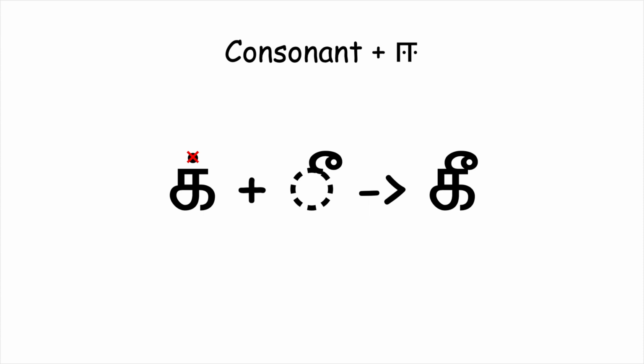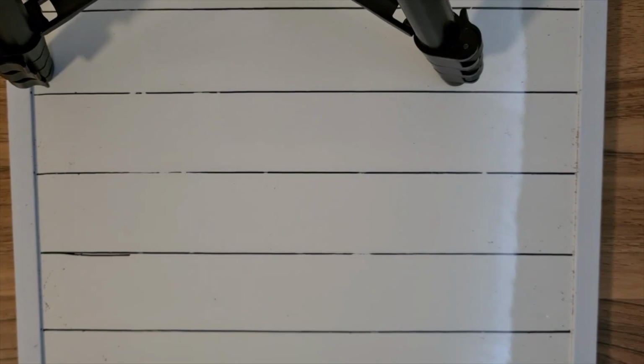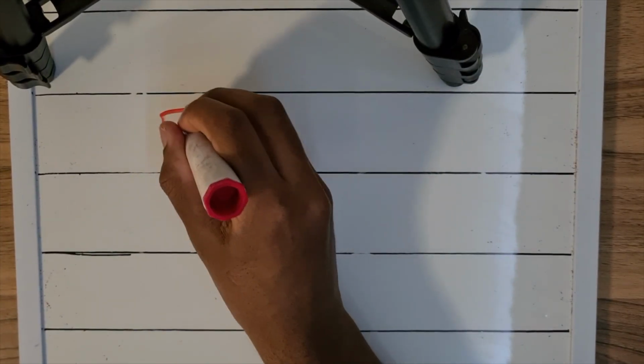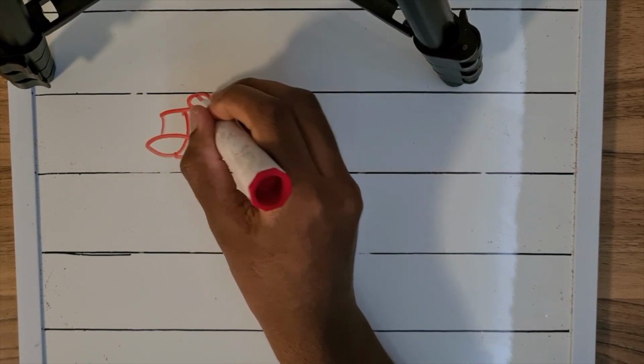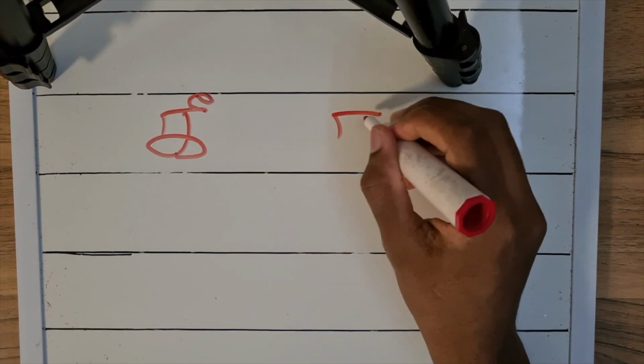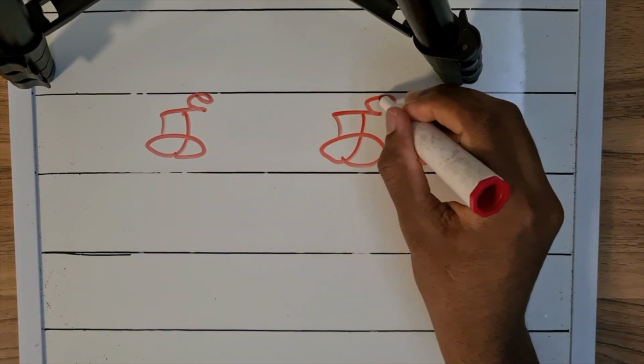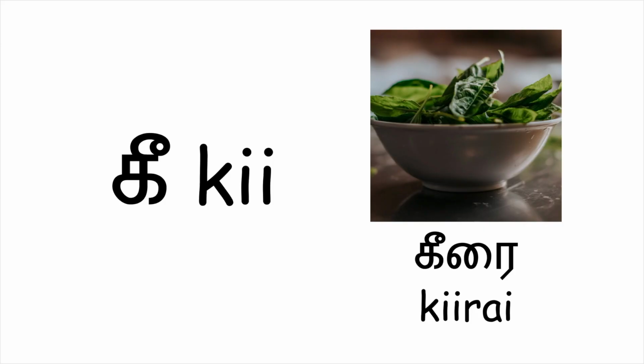Let me show you how to write ki. An example word that starts with ki is kire, which means spinach.